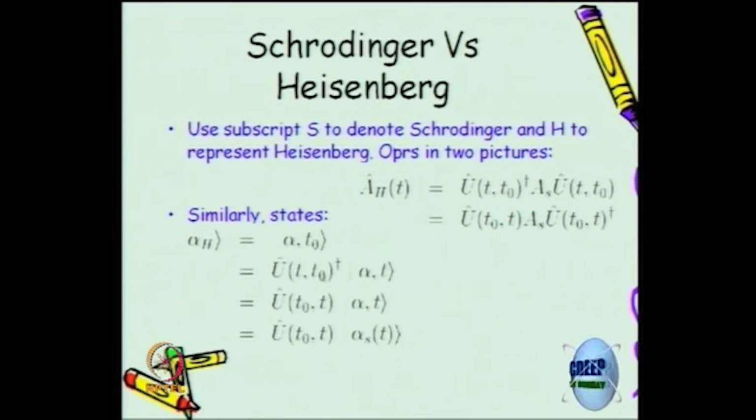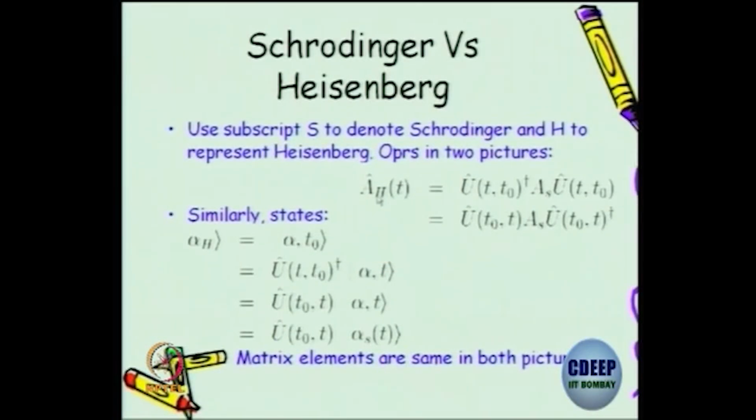U dagger of t comma t naught is nothing but U of t naught comma t. As I said, alpha of t, the state evolution, is what I call the Schrodinger picture states, and you can relate the Heisenberg picture states, which are independent of time evolution. U dagger U is identity, so you will get alpha H to be alpha of t naught. These are all various ways in which you can write the same state.